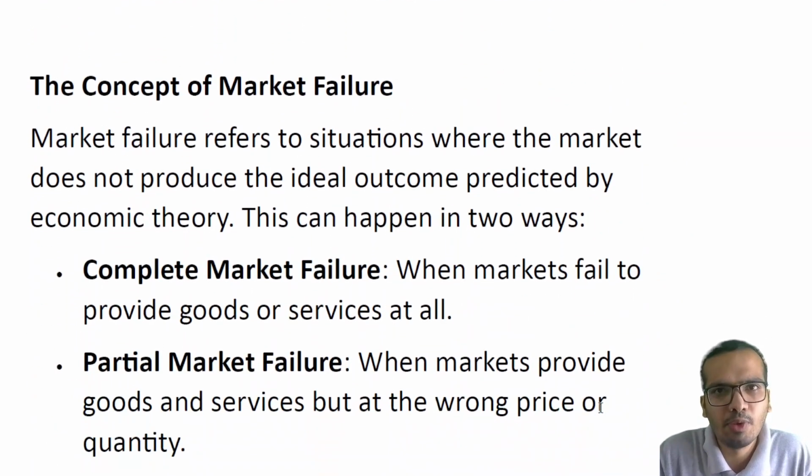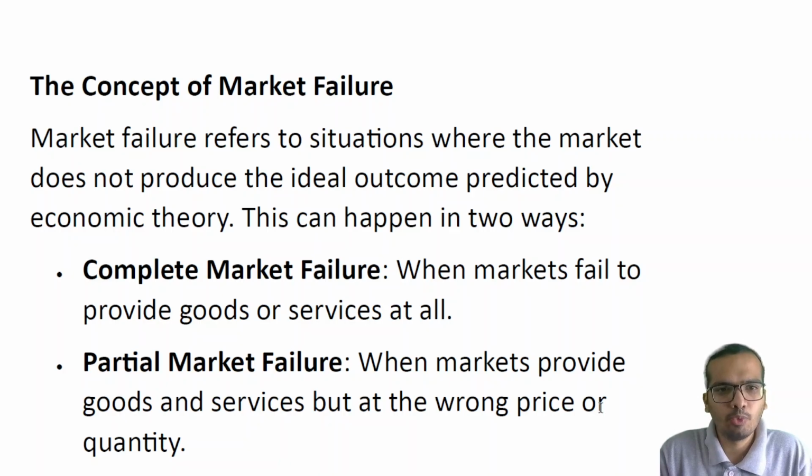Here comes the concept of market failure. Market failure refers to situations where the market does not produce the ideal outcome predicted by economic theory. This can happen in two ways. First, complete market failure. That's when the market fails to provide goods or services at all. And second, partial market failure.